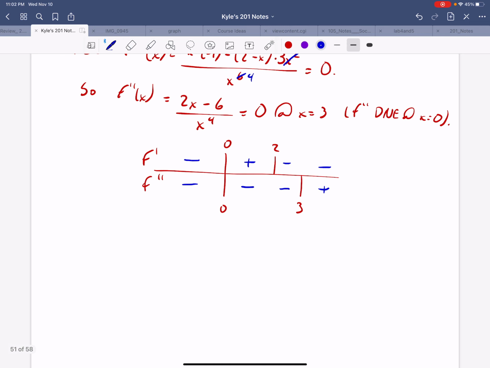First, let's jot down some information. So it might look like f has a minimum at 0, but you have to keep in mind that's actually an asymptote. So no, it doesn't. So f has no local minimum, but it does have a local maximum.